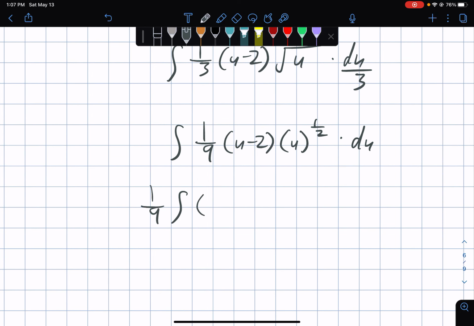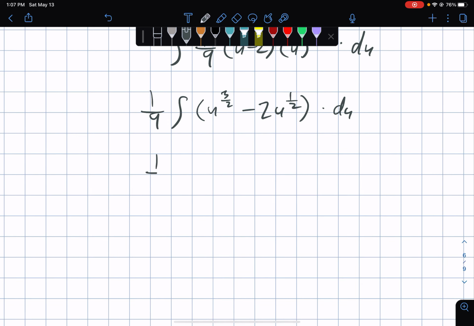We can just simplify further. u times u raised to 1/2, that makes u raised to 3 over 2, times 2u raised to 1/2. Okay, so power rule as usual.